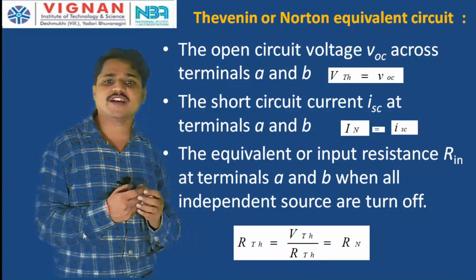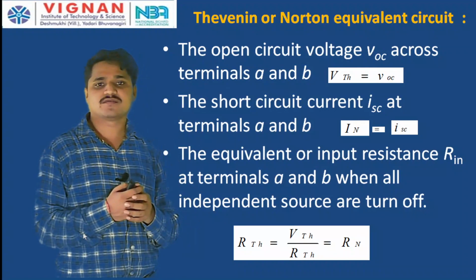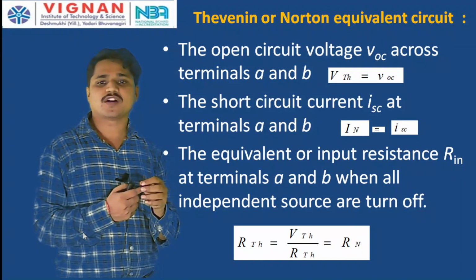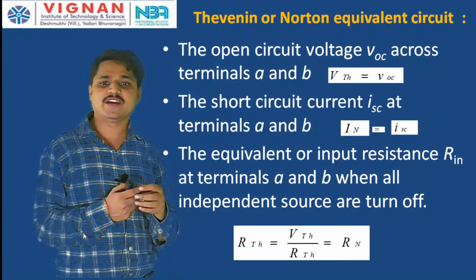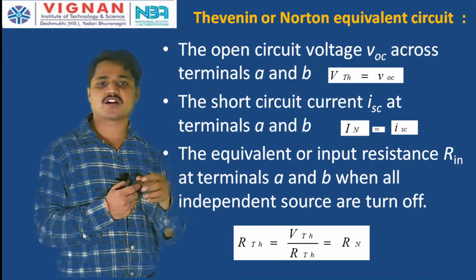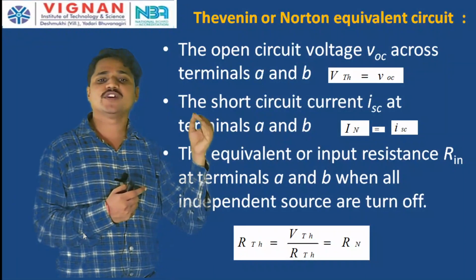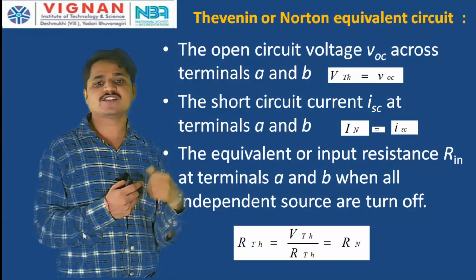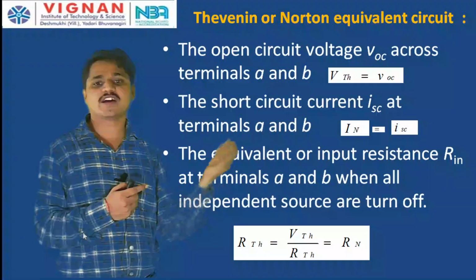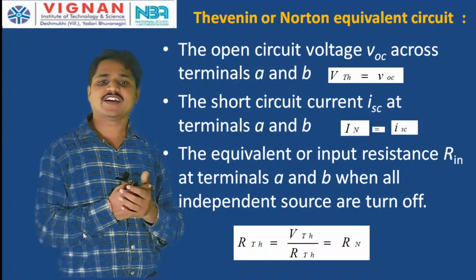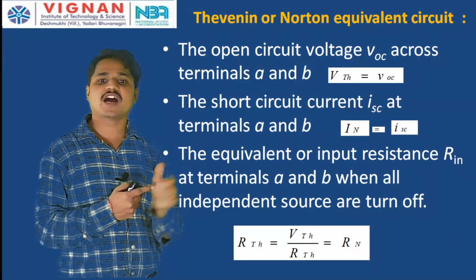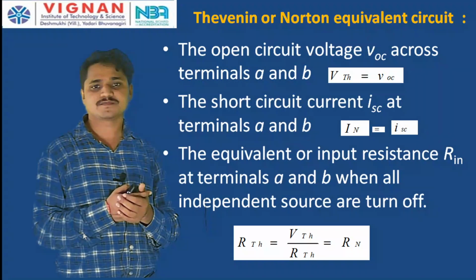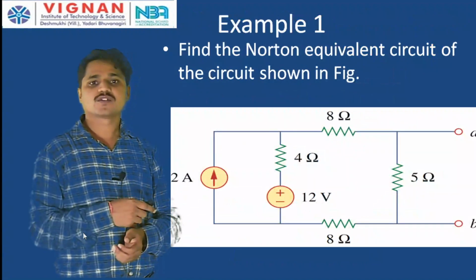The Thevenin equivalent or input resistance Rin at terminals AB, when all independent sources are turned off, is V Thevenin by ISC, that is R Norton. Okay, so example 1.